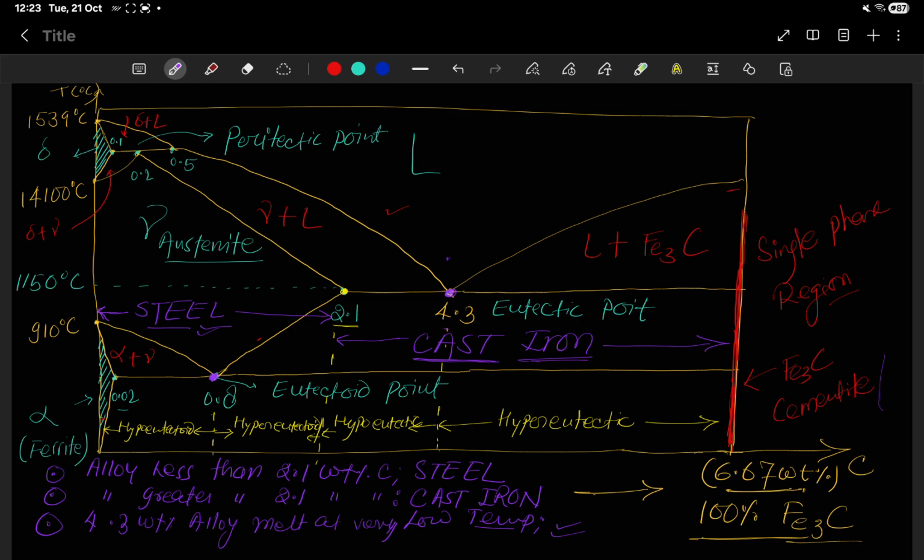Now let's see what are the different phases present in the iron carbon diagram.